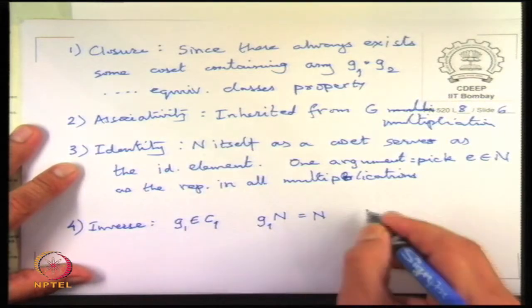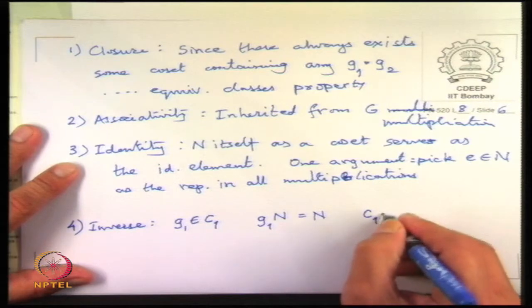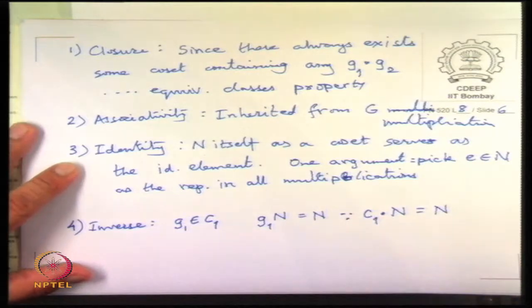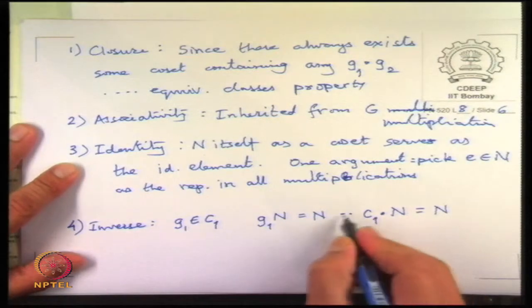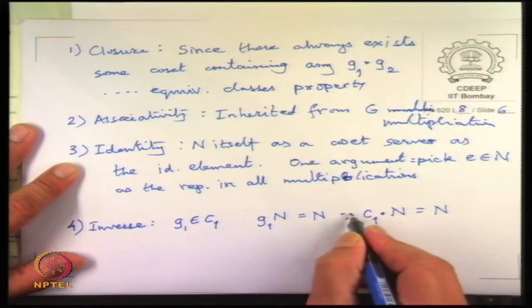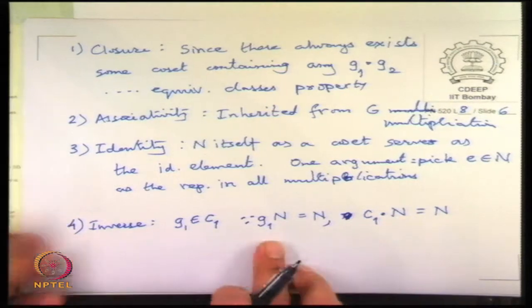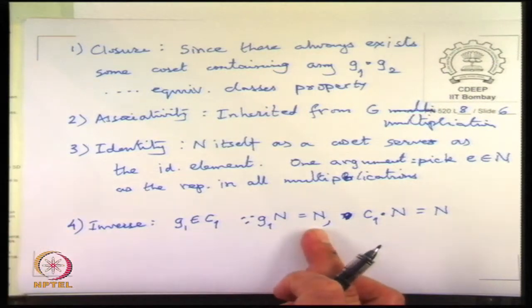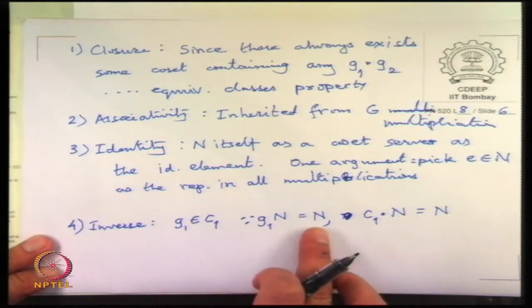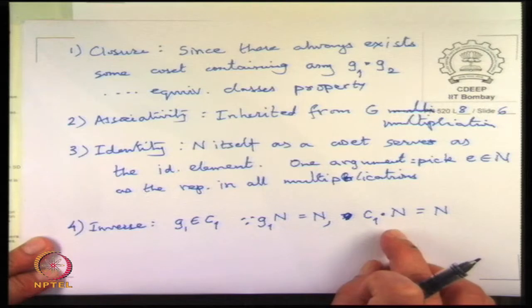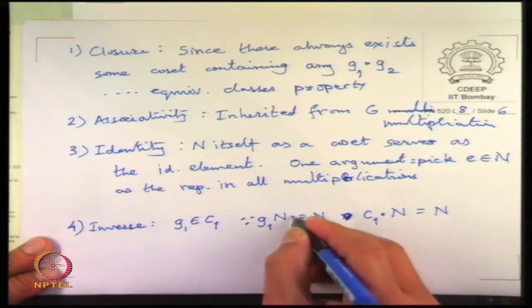So what I meant was C1 times N is equal to N. Because G1 times N is N, because the right cosets are itself, the left cosets are N itself. So what we have is G1 and G1 inverse is equal to N.